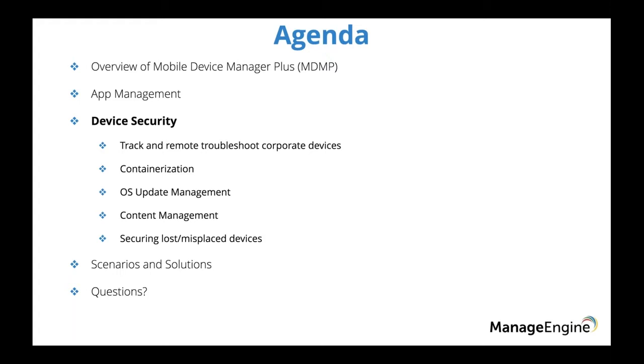And finally, if one of your devices gets lost or misplaced or even stolen, we will explore those features in MDM that will help you to secure the devices and the corporate data on them.